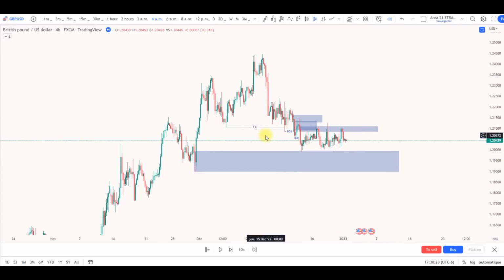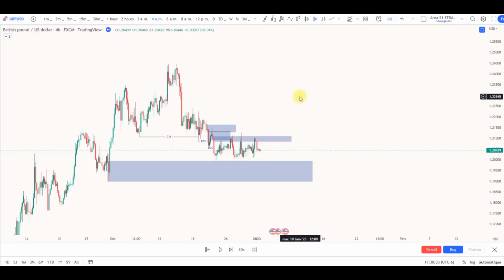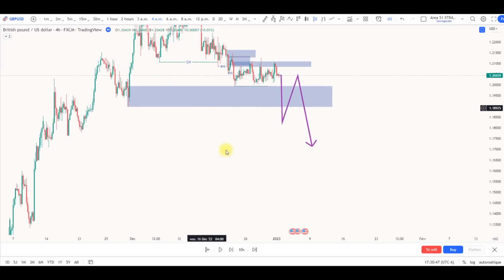So we always have to be aware of what's going on around us. We have a structure here, so this could be a retest to this structure here and then go up. Or it could simply break this back to a supply zone and then continue targeting the next structure, which is right here.